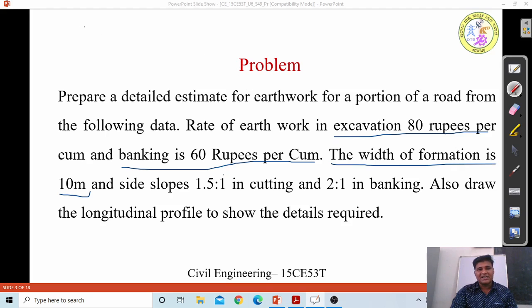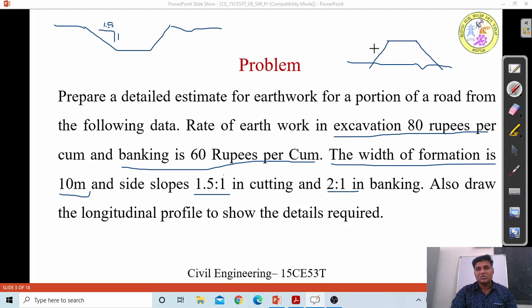If it is in cutting, this will be the typical cross section, and if it is in filling, this will be the typical cross section. This is the ground level, and this is the ground level for cutting. The side slope for cutting is 1.5:1, and for banking it is 2:1.